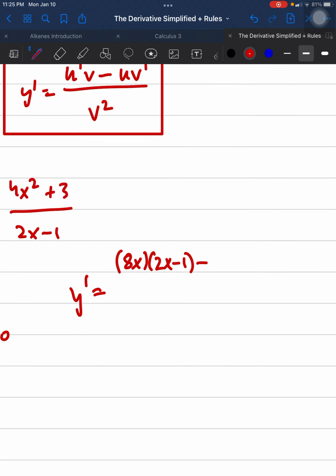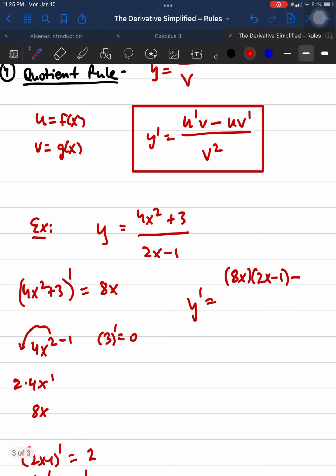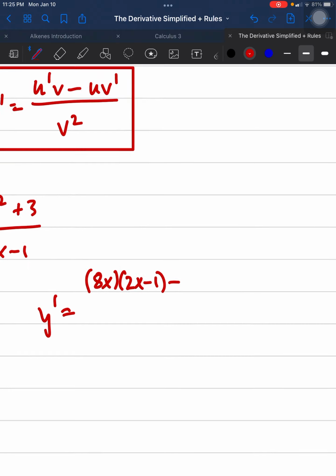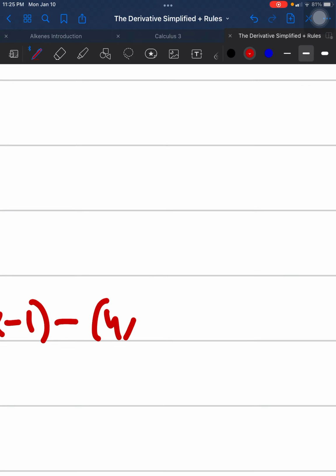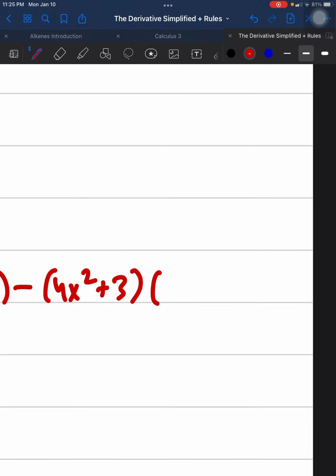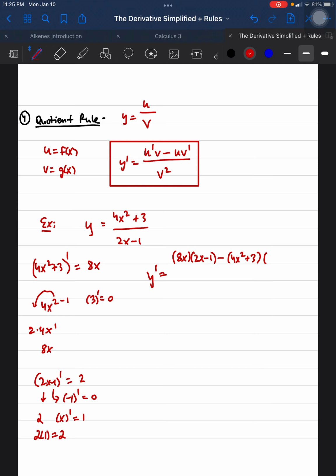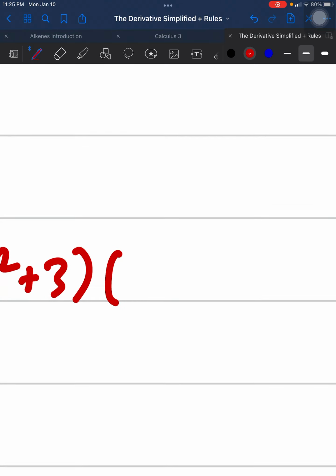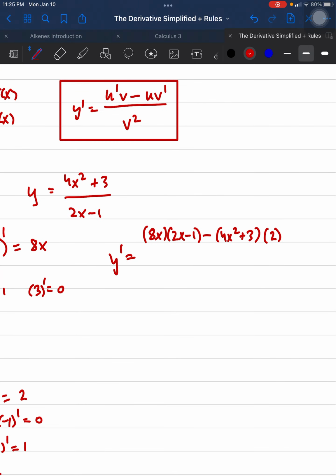We plug that back into the formula. So we know that u is equal to f of x. f of x is equal to 4x squared plus 3. And do not forget about these parentheses. You can make a very big mistake if you forget those parentheses. So 4x squared plus 3, and we multiply that by the derivative of g of x, aka v, and that is 2.